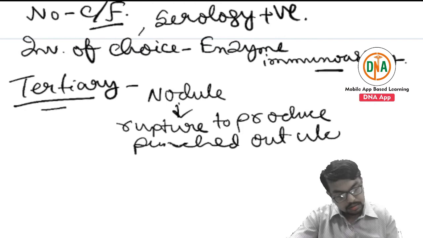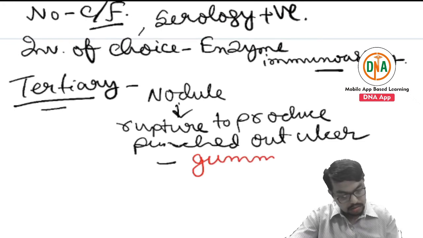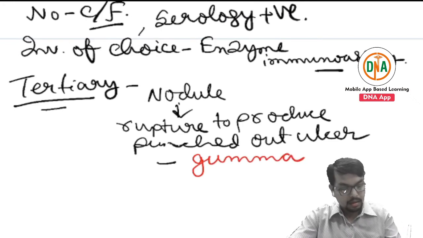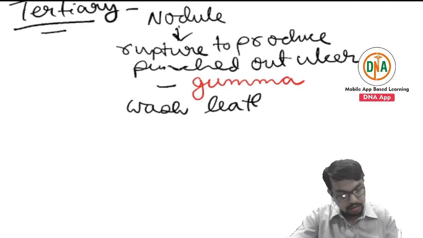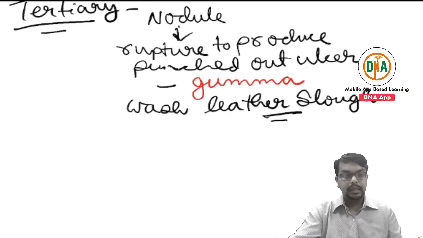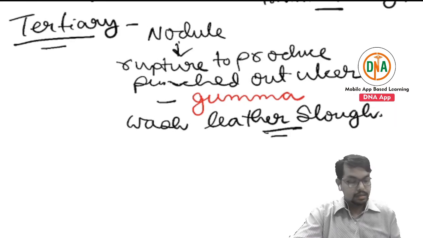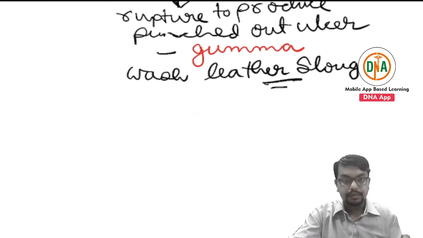This is known as syphilitic gumma. In the base, there will be wash leather slough. So, in the primary chancre, the base is clear. But in the tertiary stage, when we get the syphilitic gumma, the base is not clear. There will be wash leather slough.